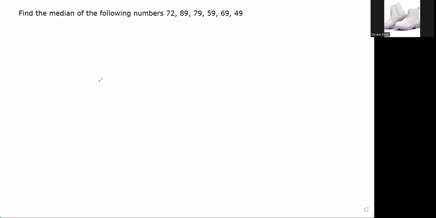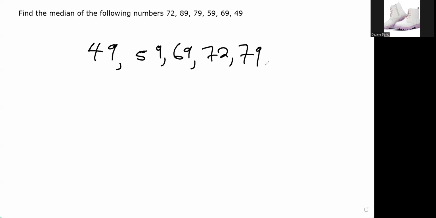Putting the numbers in order. So first it's 49, then 59, then 69, then 72, then 79, then 89.